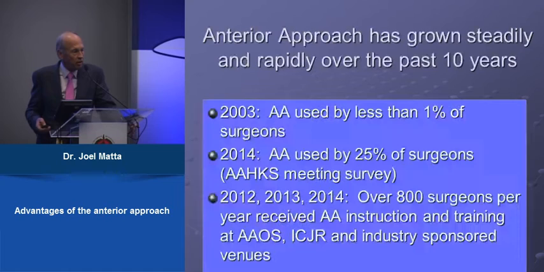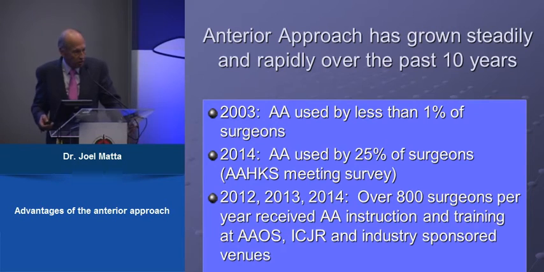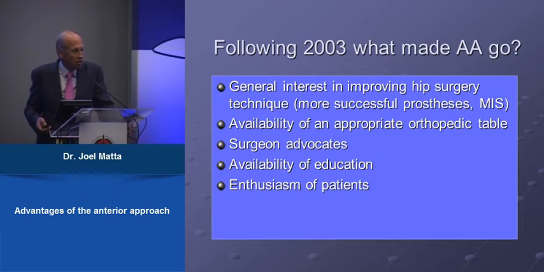Anterior approach has grown steadily over the past 11 years. In 2003, when I held a first course, less than 1% of surgeons used it. A 2014 AAHKS survey indicated 25% of surgeons using it, and over 800 surgeons per year in North America received anterior approach instruction at various venues, and this seems to be continuing.